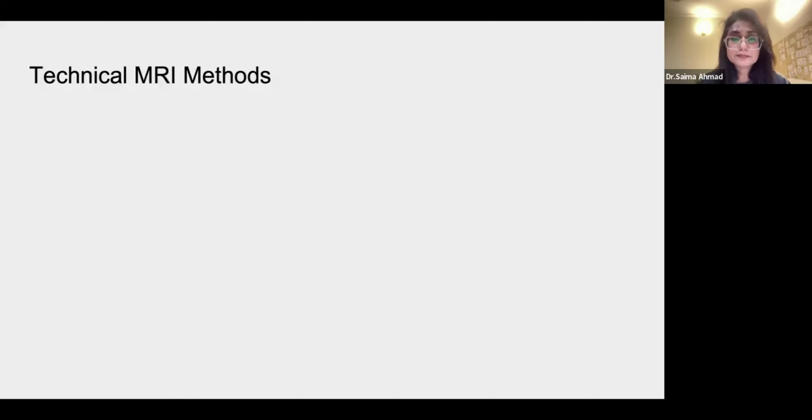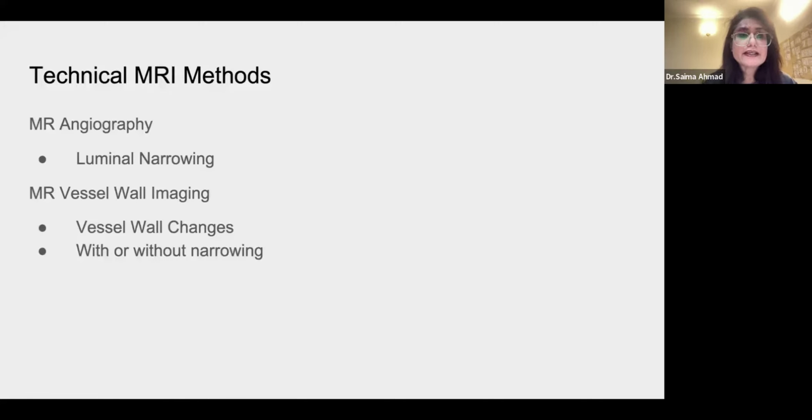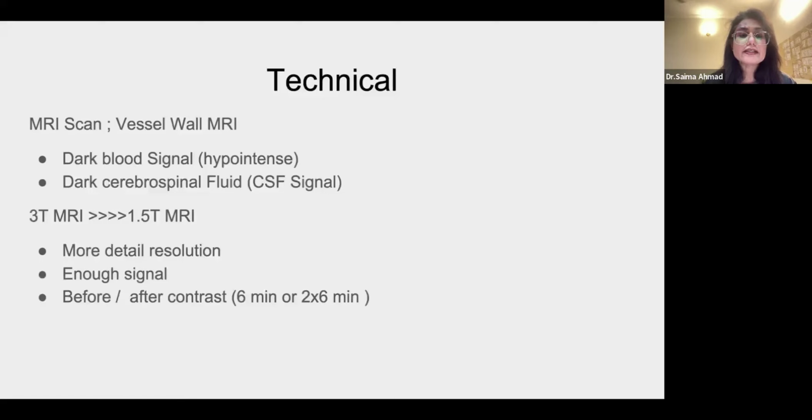Now, technically, MR angiography and MR vessel wall imaging are performed, and both of these MRI modalities can be used to identify the luminal narrowing as well as the vessel wall changes. In vessel wall MRI, we have to see the dark blood signal, or the dark cerebrospinal fluid signal. It can be performed at 1.5 Tesla MRI very well. However, 3 Tesla MRI gives us more detail and enough signal.